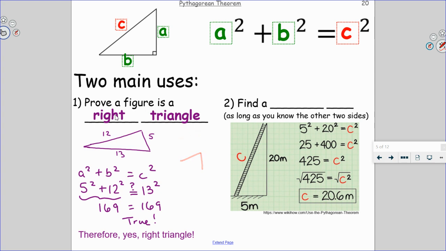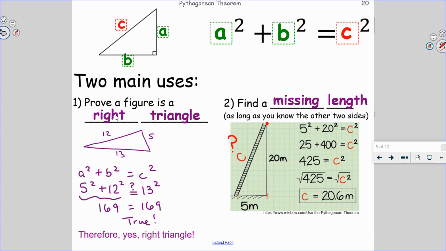Use number two is to actually find a missing piece, a missing link. So for instance, there's a nice picture of a ladder here. And you know the base of the ladder is 5 meters away from the wall, and you know it goes 20 meters up. So yeah, how long is that ladder?